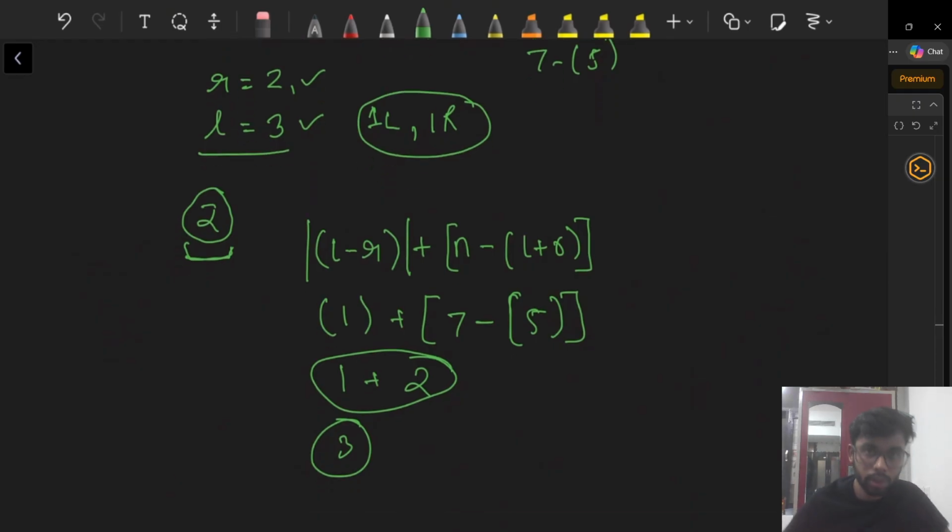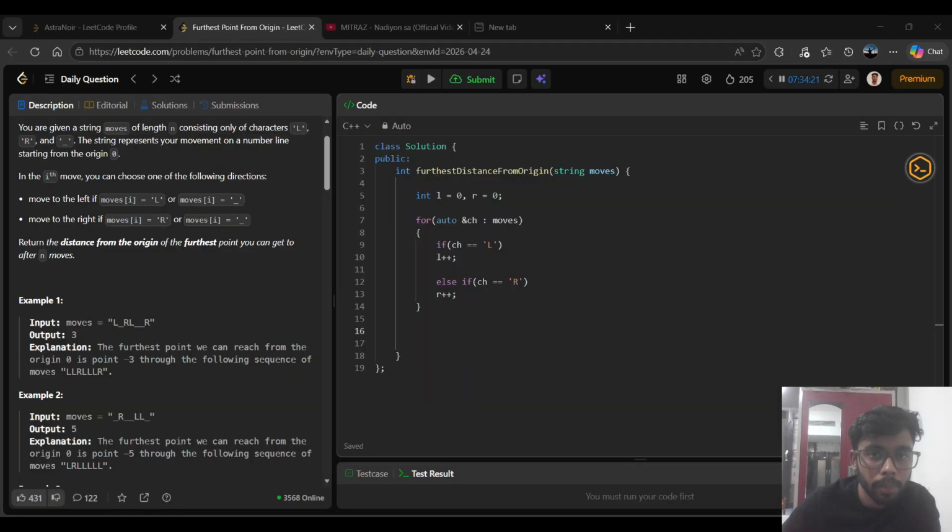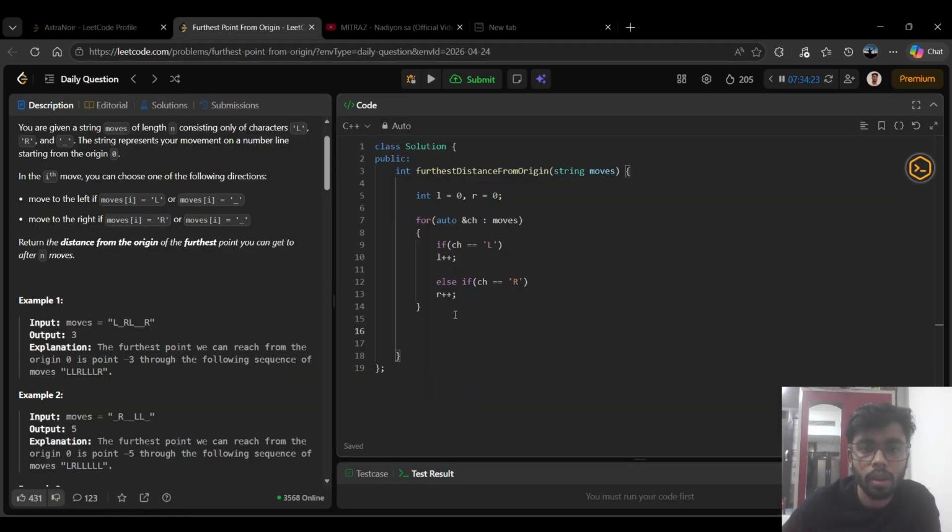So we have got the simple formula. Let's implement it. Let int n be equal to moves dot size.